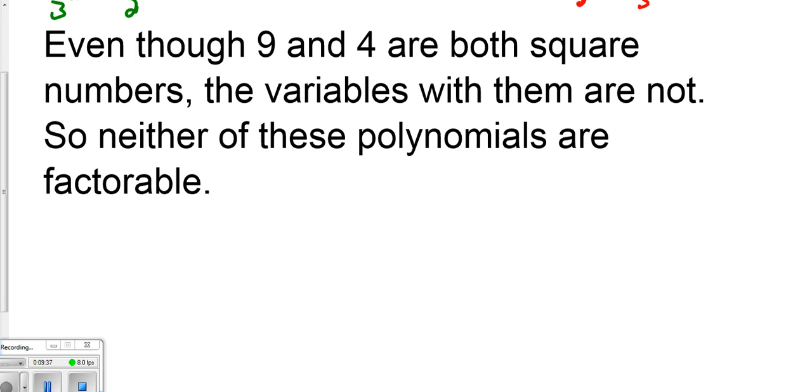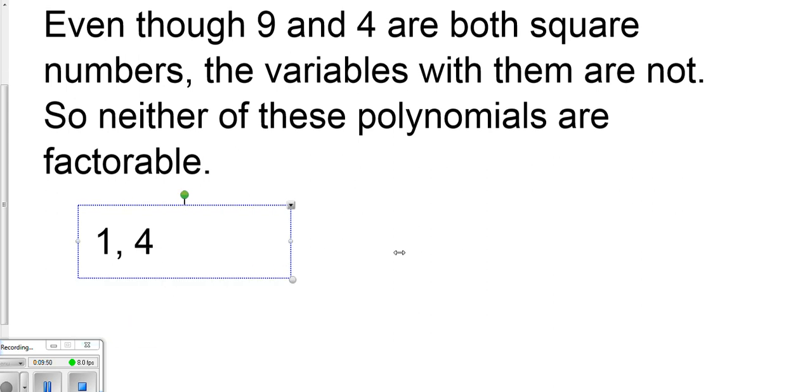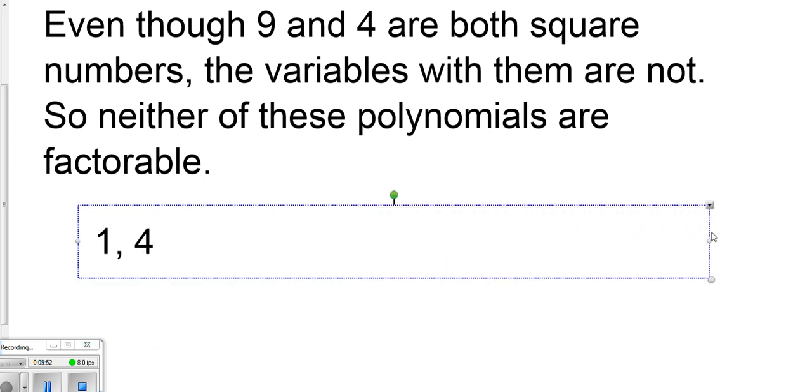To help you along, let's write out a couple of what the square numbers are. If we have 1 squared, that becomes 1. If we have 2 squared, that becomes 4. I'm going to make a nice long list.